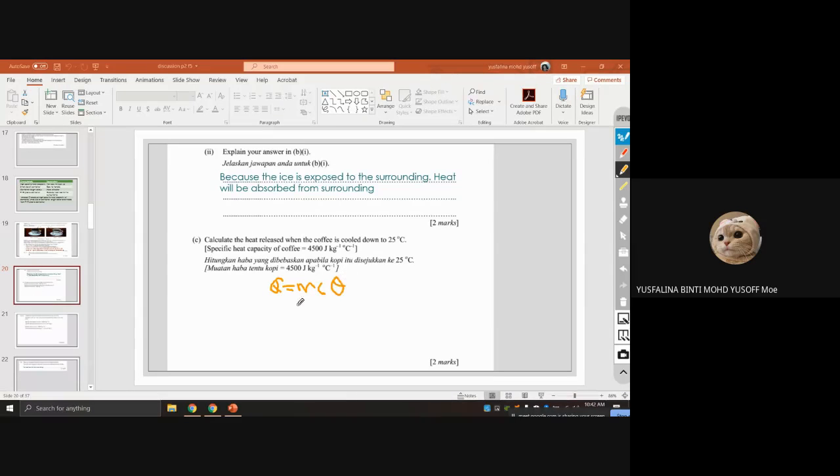So this C is the specific heat capacity. If it is latent heat, it means there is no change of temperature. So 0.2, C is 4,200, and theta is the change of temperature, meaning 75.5 minus 25.